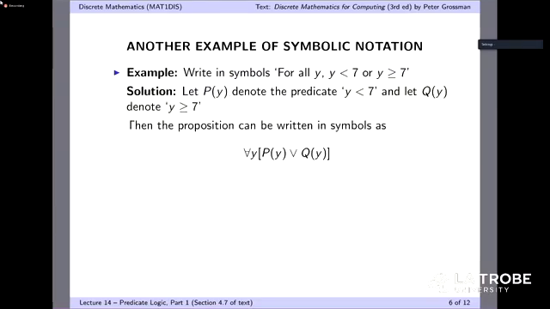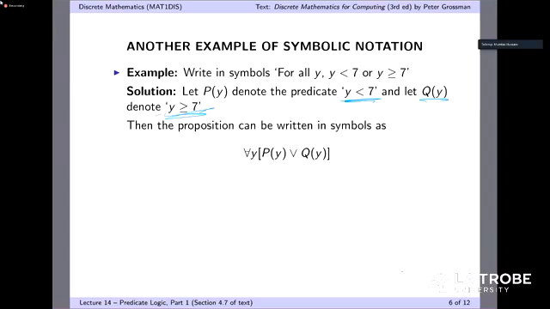Here we defined 2 different predicates. I had not used them when I was doing the example because I totally forgot that you can define 2 predicates. However, the 2 predicates are related the way you explained to me. In any case, you can define P(y) to be y less than 7 and Q(y) to be y greater than or equal to 7.